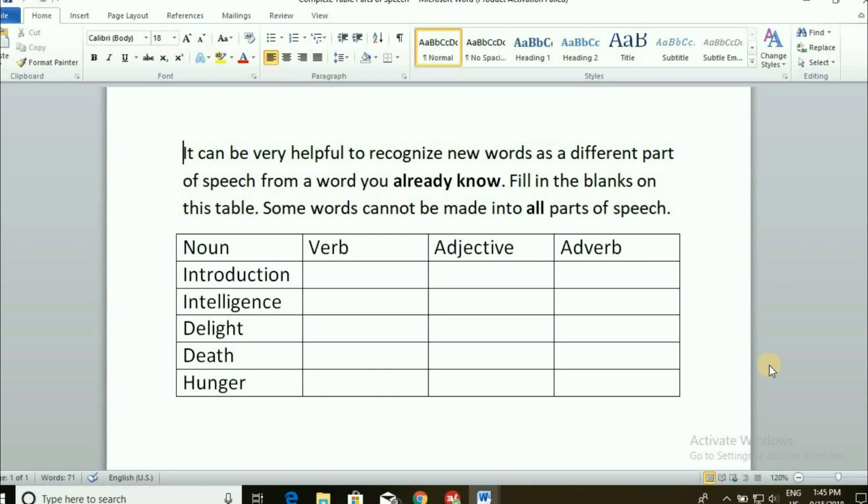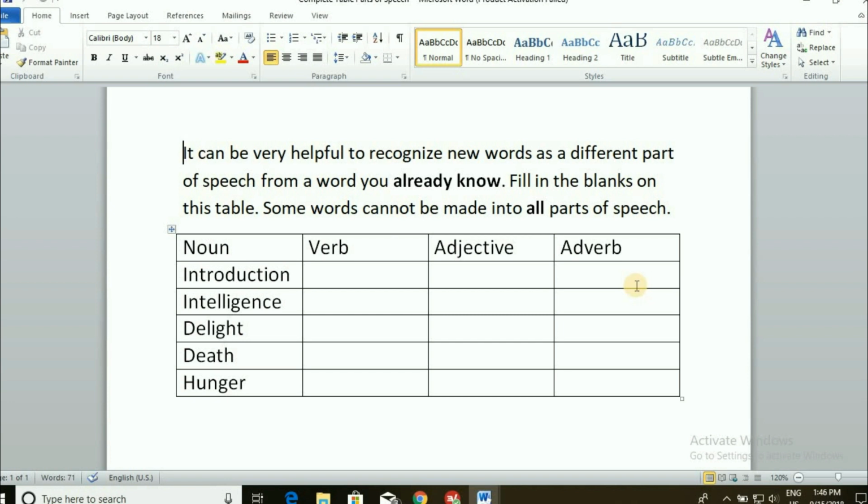If we look here, we can see there are 4 parts of speech: noun, verb, adjective, and adverb. I've filled in the nouns on this side of the table. If you know a noun and you learn it in your vocabulary study, you can often figure out the verb and adjective and adverb form.